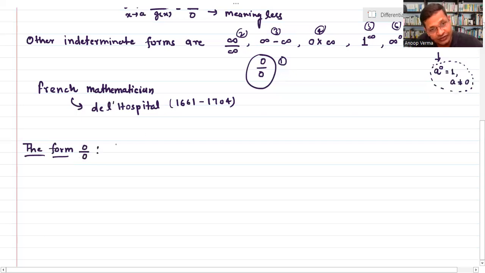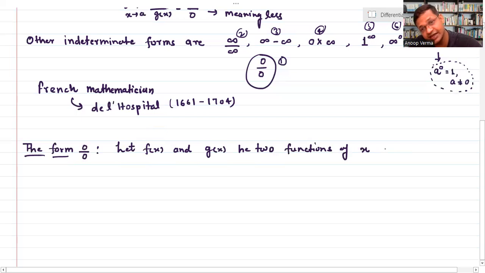If I am taking two functions, let f(x) and g(x) be two functions of x such that the value at a, meaning the point at which we have to find the limit, the value of the function f(a) is just equal to 0, and g(a) at this point is also 0, then you will get the 0 upon 0 form.